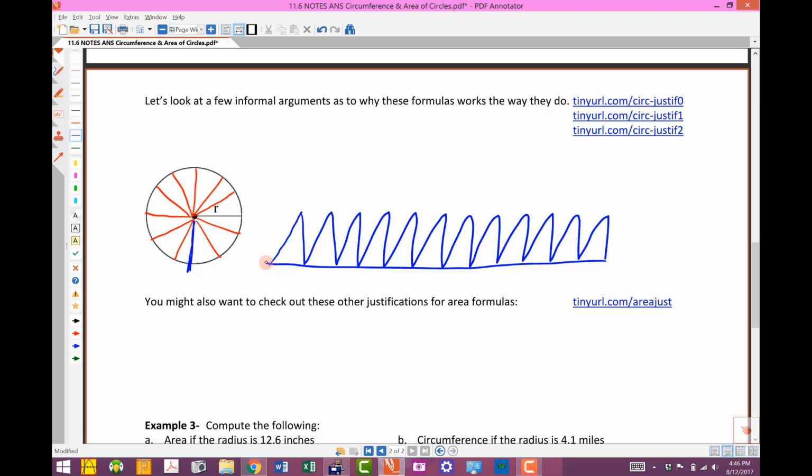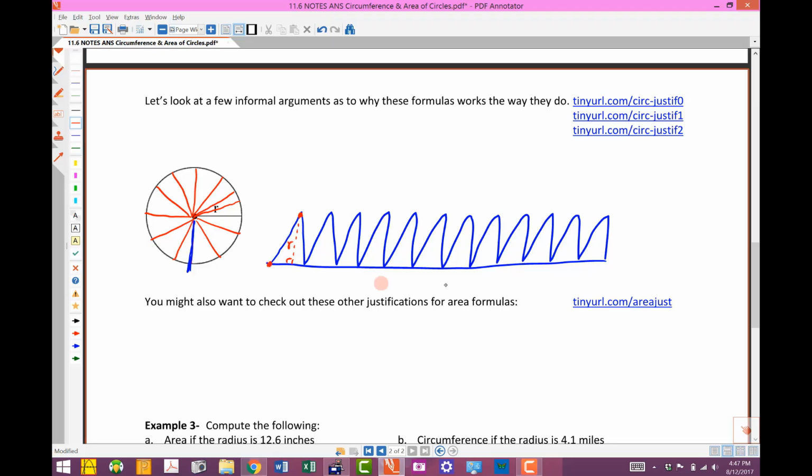Now, what I'd like to know is how far is it from the top of this triangle down to here? Well, it would be any one of these triangles, so it's the distance from the orange peel out to the center, so that's going to be the radius, r. Then I've got another question.